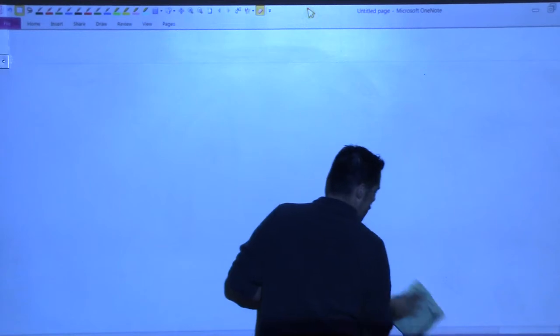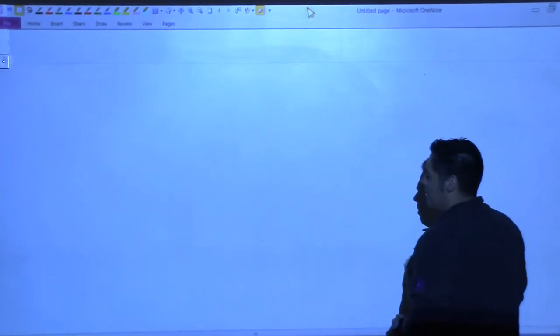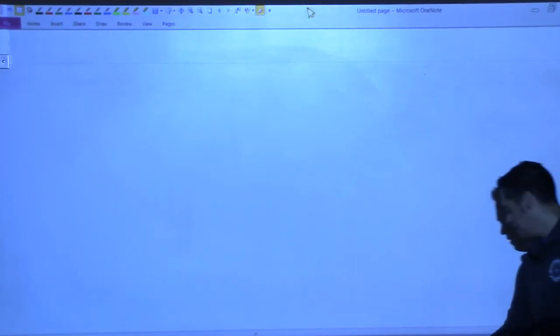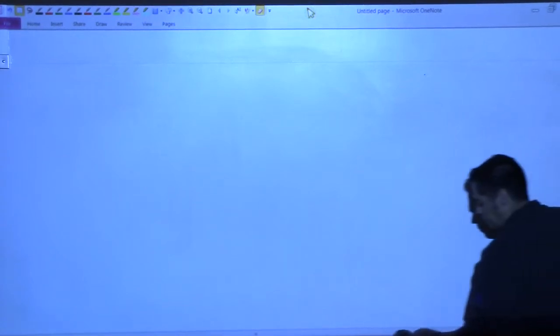Y'all ready? You know, these markers that I'm going to use today are really good markers, but they are not easy to erase. It was like breaking a sweat yesterday trying to erase on this board. I need like a buffer.